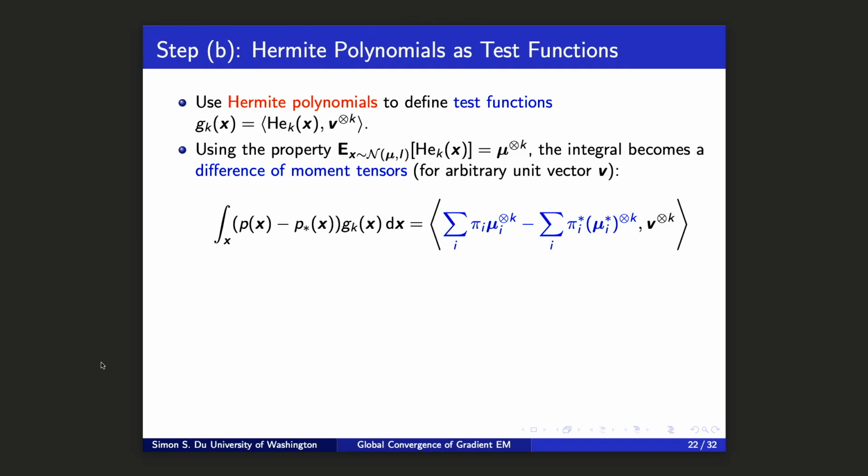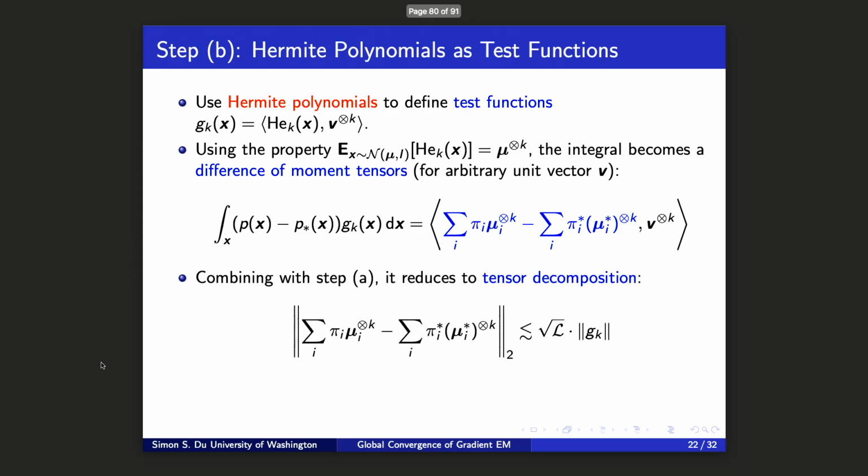If we choose a test function of this form, a k-th Hermite polynomial and some unit vector, then with this property of Hermite polynomials, we can rewrite this difference of expectation of function g as a difference of the moments of the means and pi star. That's basically the main idea of how we relate the loss to the moments of the means and pi's. So that's the main takeaway.